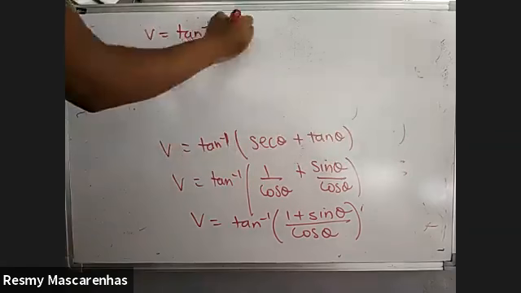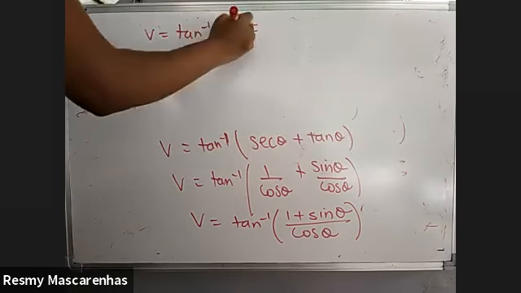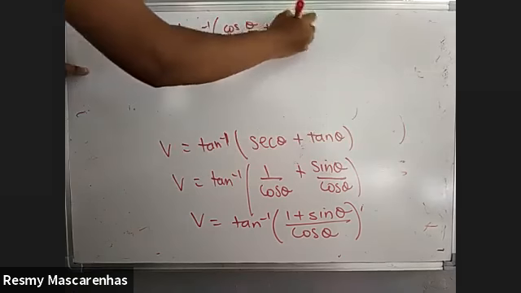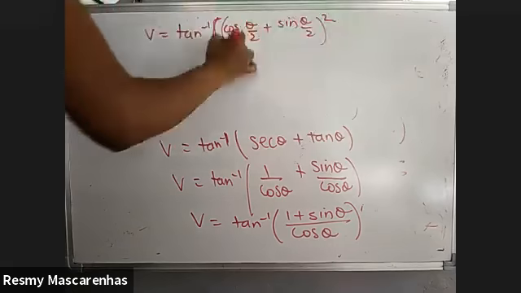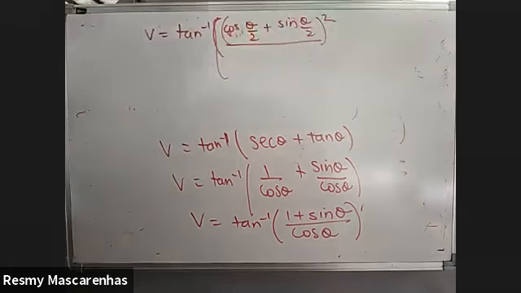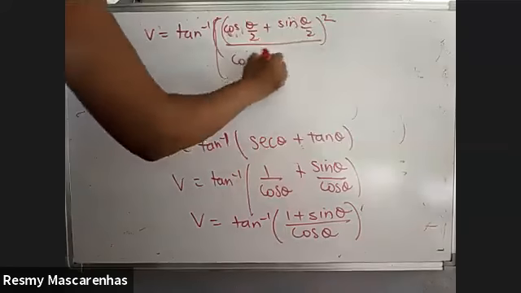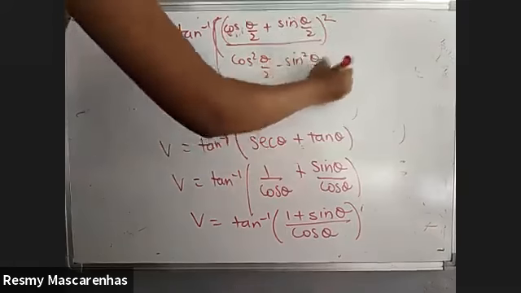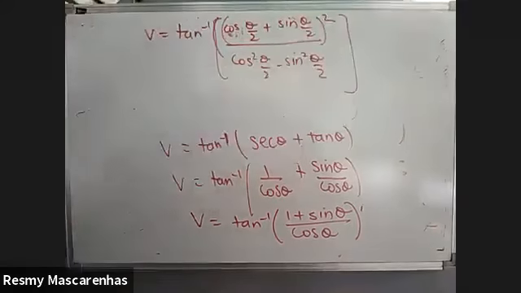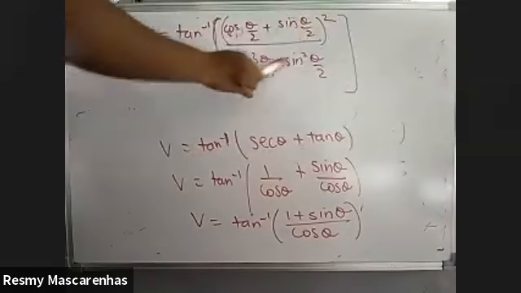1 plus sin theta will be cos theta by 2 plus sin theta by 2, the whole square. And cos theta can be written, the formula is cos square theta by 2 minus sin square theta by 2. See, there's a difference. This is the whole square, and this is cos square theta by 2.